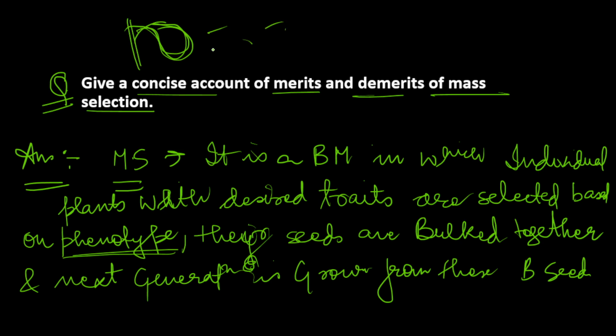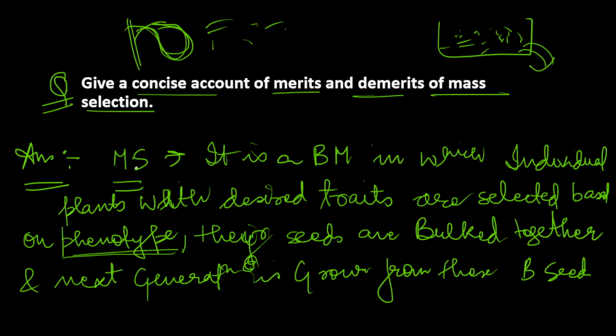After selecting the seeds of those plants, we will bulk those seeds, take all these seeds together and simply grow the next generation, and we will get some good plants and some bad plants. We will remove the bad plants and keep the good plants, and after 1-2 generations we will get the best plants.